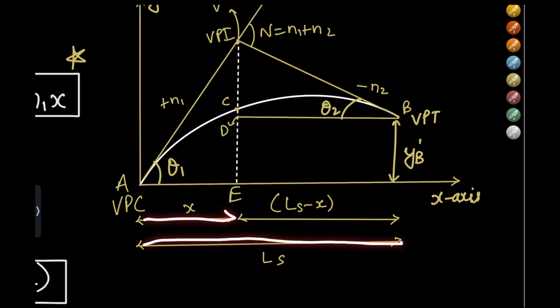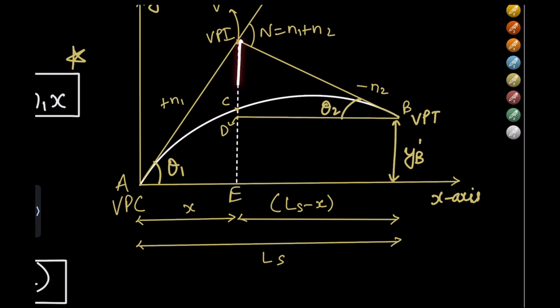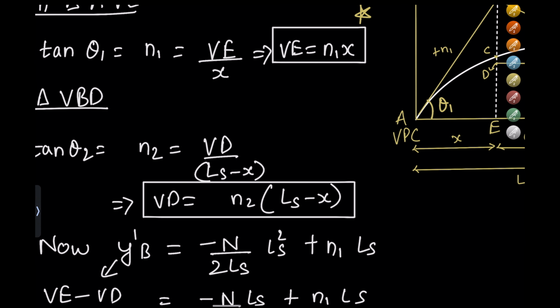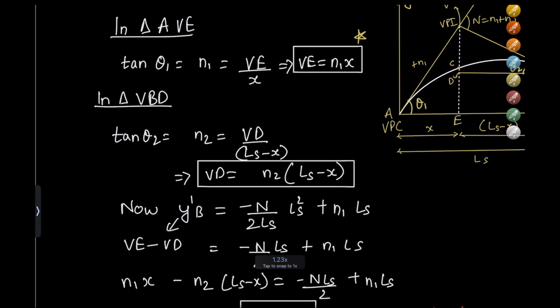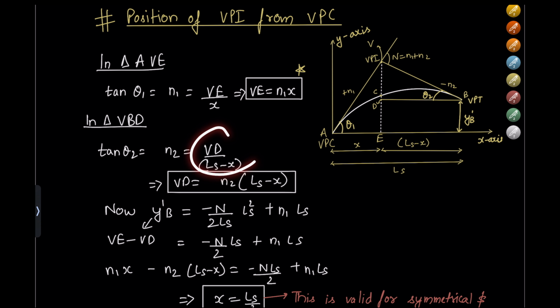This distance is equal to X, and this would be LS minus X. So VD we are writing as it is. This distance we are writing as LS minus X, and this we are writing as tan theta 2. So that is what we have written. Tan theta 2 is equal to VD upon LS minus X. VD would be given as N2 multiplied by LS minus X.